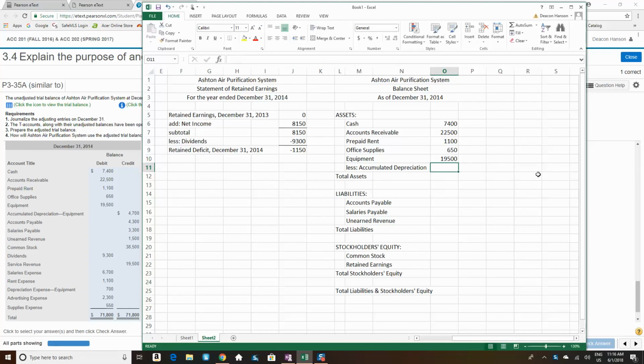Now make sure your accumulated depreciation goes in as a negative, 4,700. Okay. And then what we'll do is, maybe don't even need that column there. We'll tally those up.